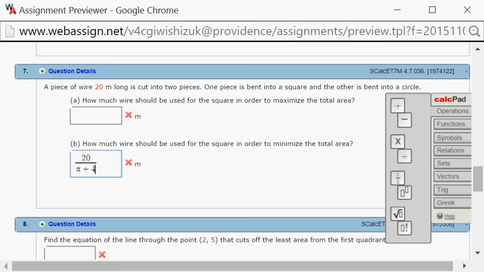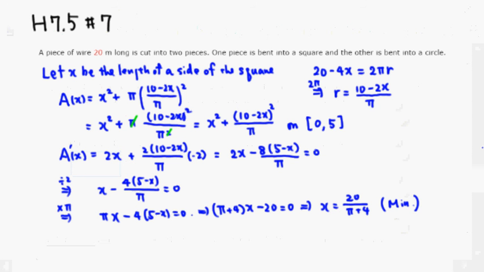But for the maximum, we use either all of it for the square or all of it for the circle. We have a feeling that the circle is a little bit more efficient in terms of covering more area, so you probably want to use all the wire for the circle. But let's try. We have to look at the value at 0, which means we're not using any for the square, all for the circle.